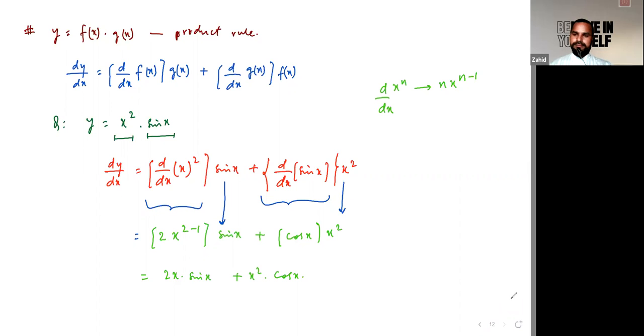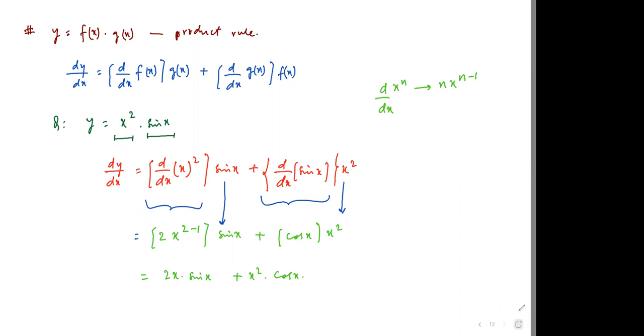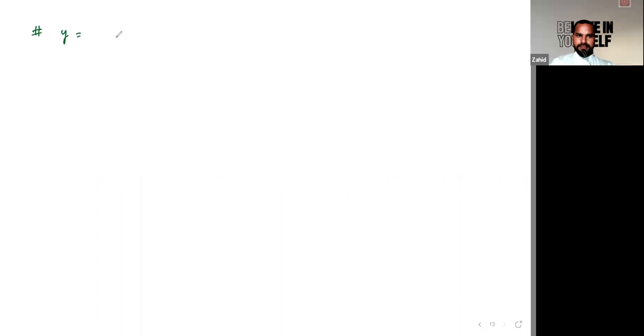Have you all done? Yes, sir. Now the next rule is, if y is equal to f(x) divided by g(x), so if they are related by division, you would use the quotient rule, or you will say the division rule.